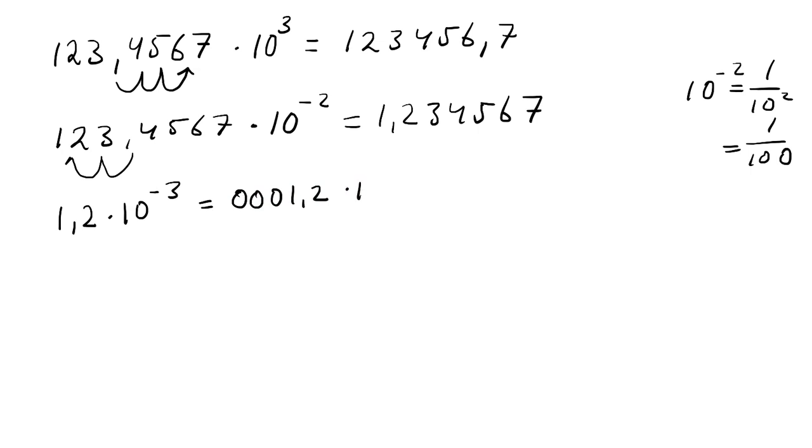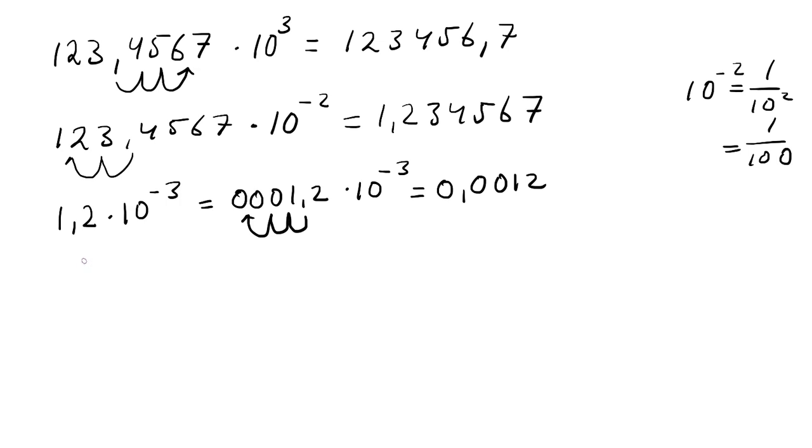It doesn't change the value of my number. And now I can use the rule: 1, 2, 3. So this will be like that. So I can always use this memory rule.